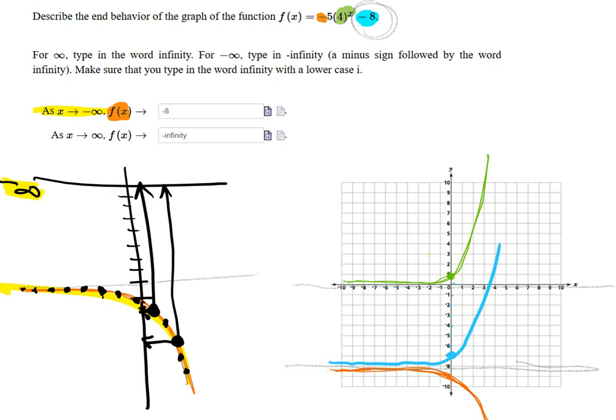When you're at this point, his x coordinate is there, his y coordinate is there. When I'm at this point, see how the x coordinates are going from here to here to here to here. They're approaching -infinity. What are my y coordinates doing? This point, and then this point, is here, and this point is here.